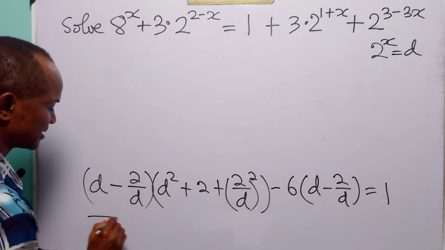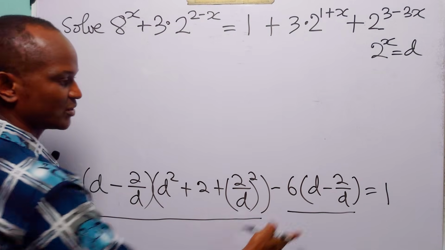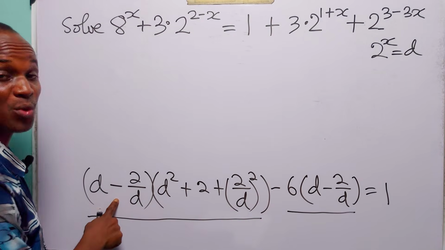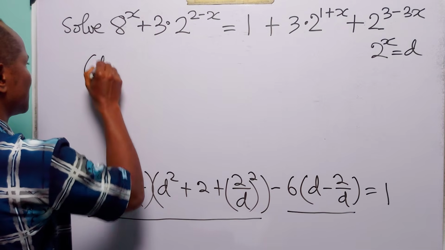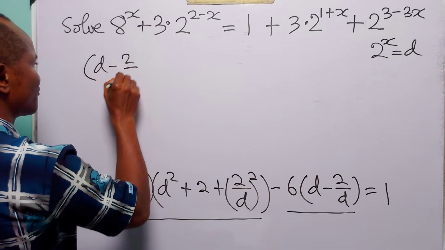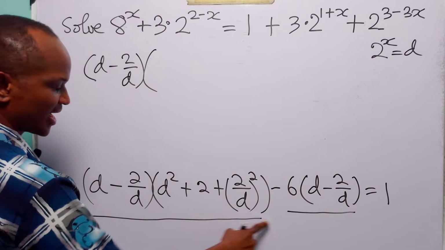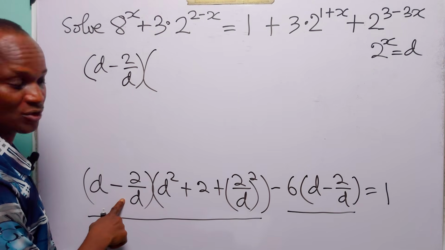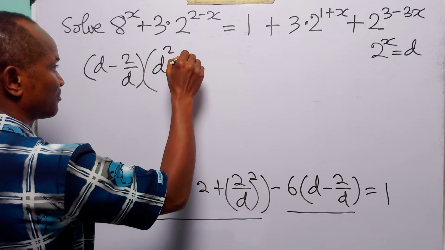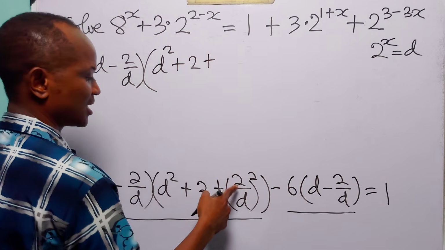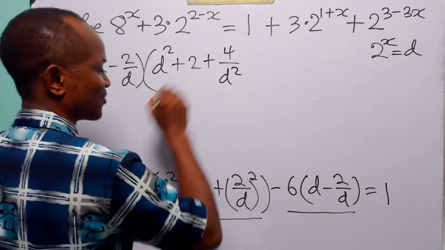And now, when you look at these two terms, you'll see a common factor, which is d minus 2 over d. So we can factorize. We have d minus 2 over d into, when you divide this first term by d minus 2 over d, we have d squared plus 2 plus 2 squared is 4 over d squared.